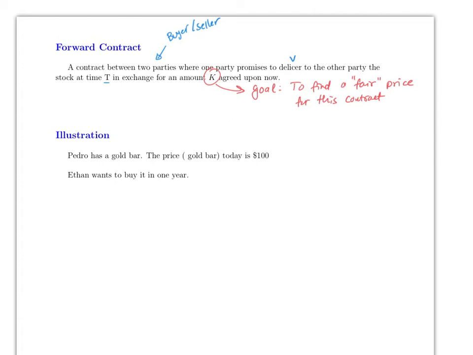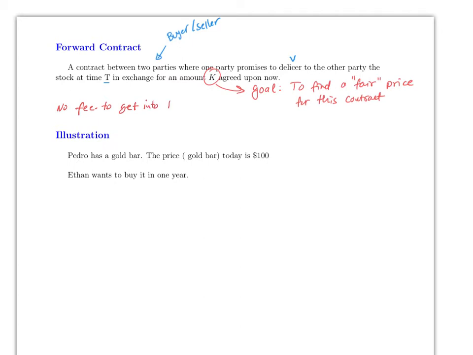The forward contract is usually called over the counter, which means there is not a third party enforcing the contract. So this is just an agreement between two people. Therefore, there is no fee to get into the contract.